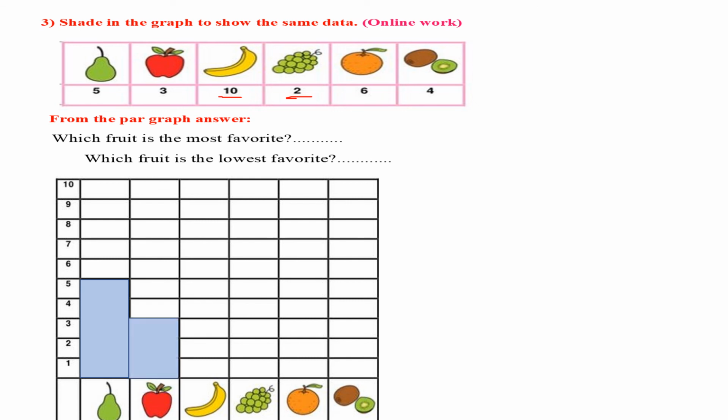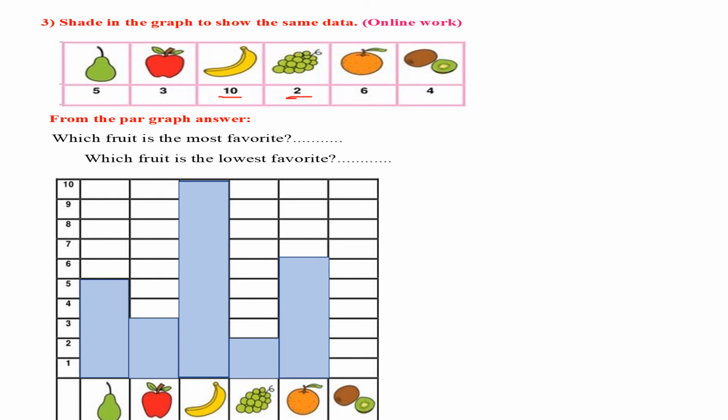Apples have 3. Banana has 10. Grapes have 2. Orange has 6. Kiwi has 4. And we said before the most favorite fruit is banana and the lowest favorite fruit is grapes.